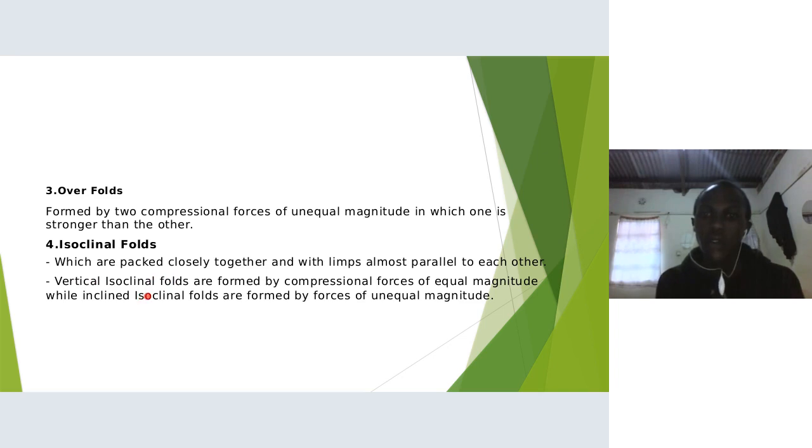We have two types of isoclinal fold: vertical isoclinal folds, which are formed by compressional forces of equal magnitude, and inclined isoclinal folds, which are formed by forces of unequal magnitude.